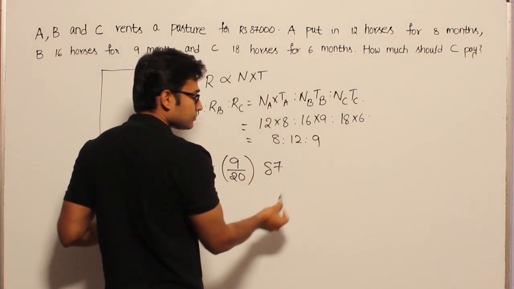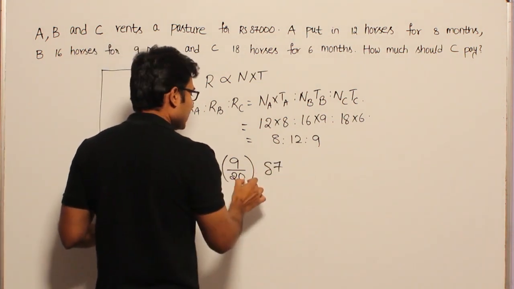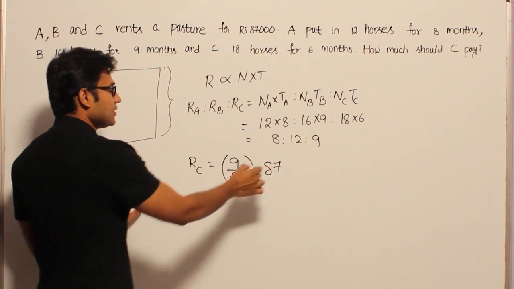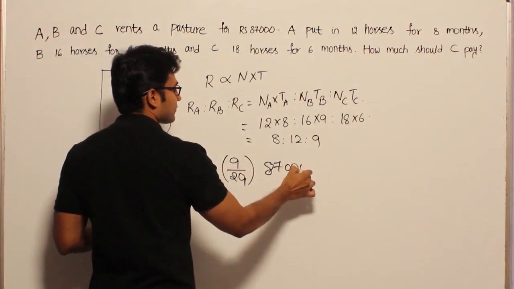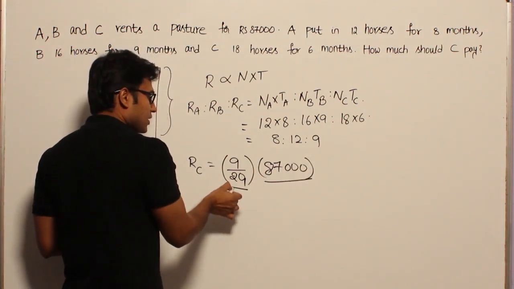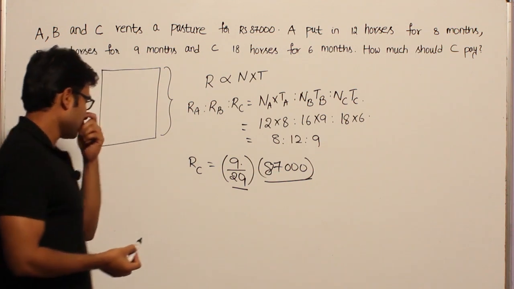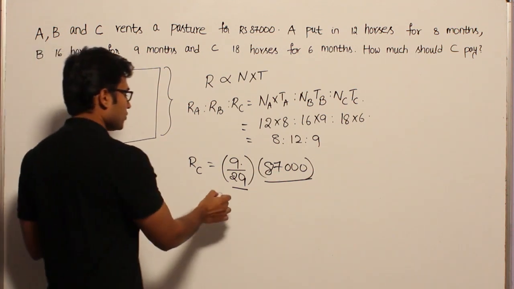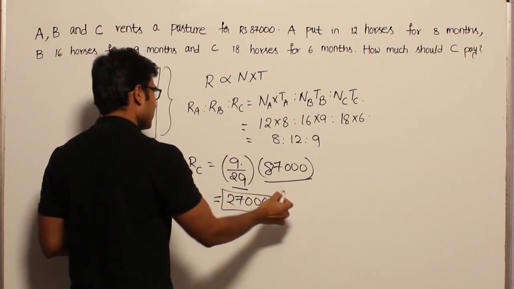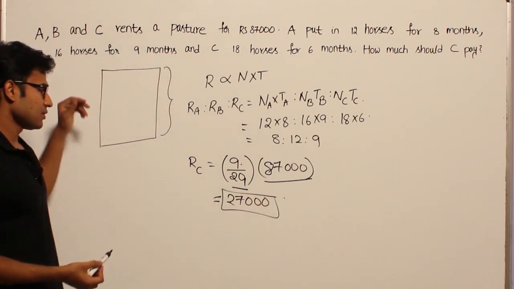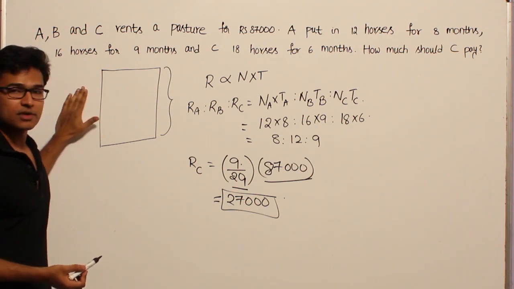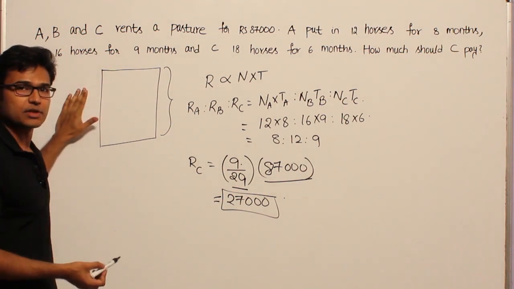Therefore, 87,000 into 9 by 29, which means out of this total rent, out of 29 parts, 9 parts has to be paid by C. Now if you compute it, it is going to be 27,000. Okay, this is the answer. So the rent that C has to pay is 27,000. So it is similar to the profit shared in partnerships, isn't it?